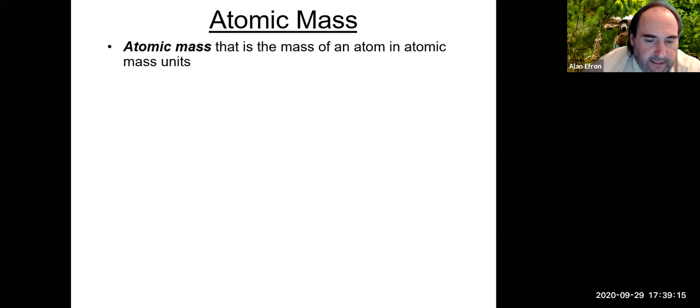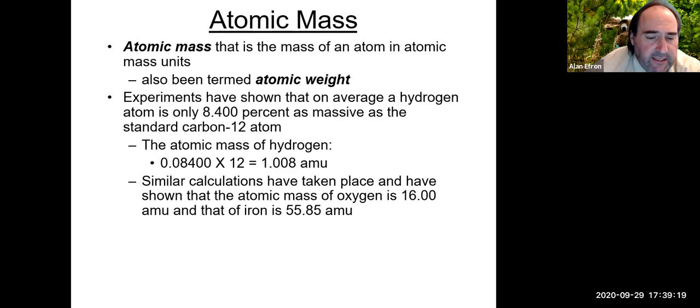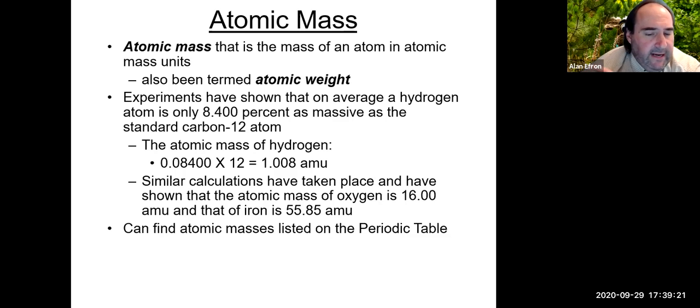By doing that, we could do a very simple calculation to figure that out. For example, experiments have shown that a hydrogen atom is only about 8.4% as massive as a carbon 12 isotope. That's what this little calculation is right here.